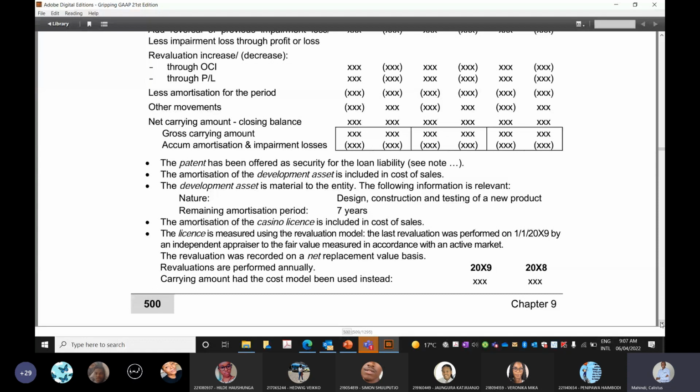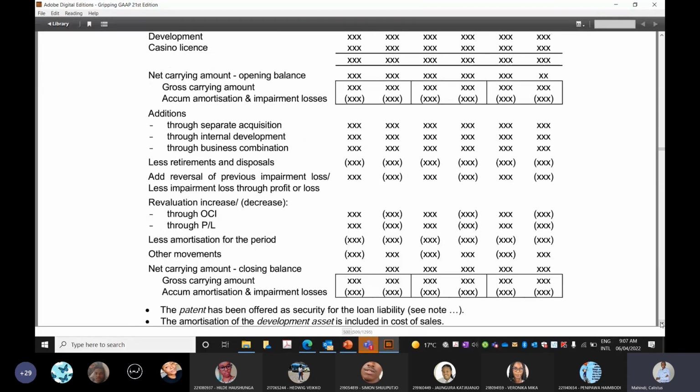And what a lot of students did is that for the manufacturing plant, it was split between different components. And that is incorrect because the manufacturing plant is one asset. It must just be shown as one asset. So each specific asset is not split into different components. All right. So for PPE, you shouldn't have split it into different components.